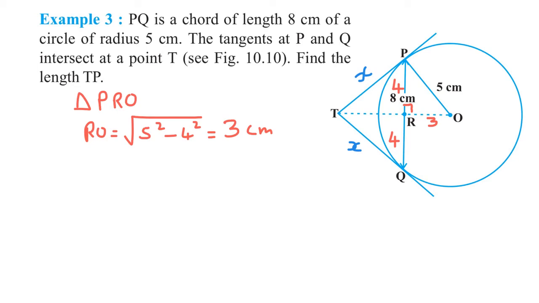In the triangle TPR, let's label TR as Y because we don't know this.